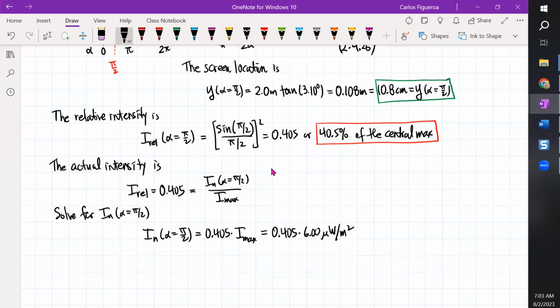If we calculate that number, we get that this is actually 2.43 microwatts per meter squared, and this is the value of the intensity at alpha equal to pi over 2.